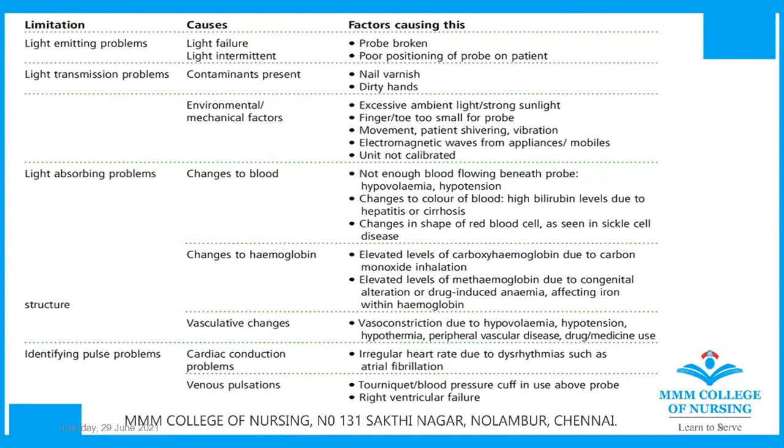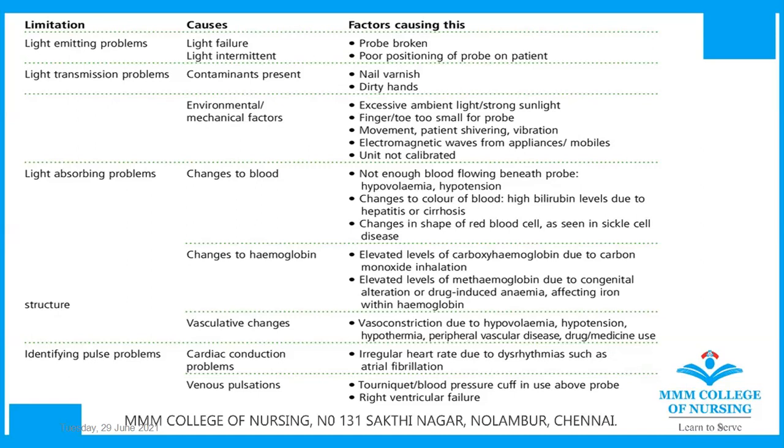The limitations which can be expected while using the pulse oximeter are light emitting problems. It can be due to light failure or light intermittent. Might be due to the probe being broken or poor positioning of the probe on the patient. Light transmission problems, like due to contaminants present, like nail varnish or dirty hands.